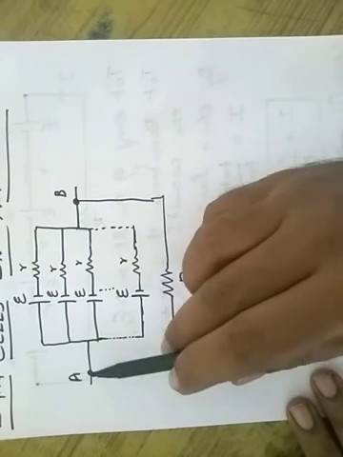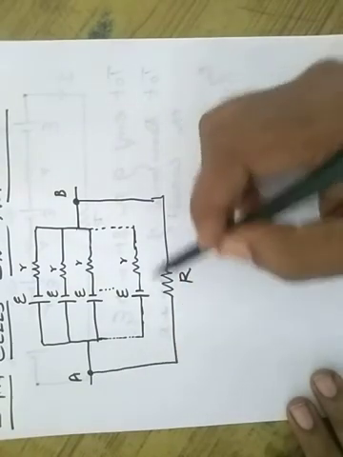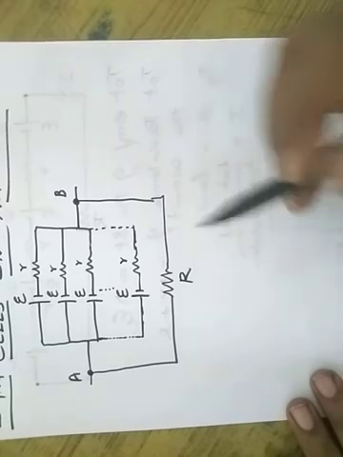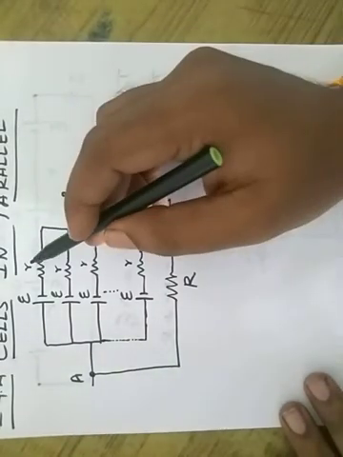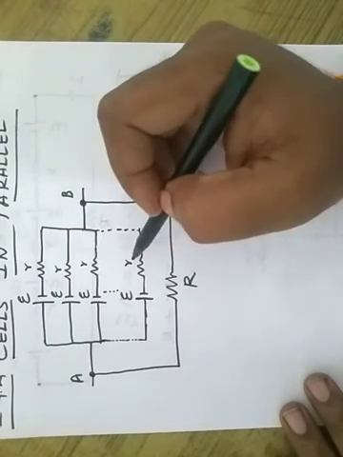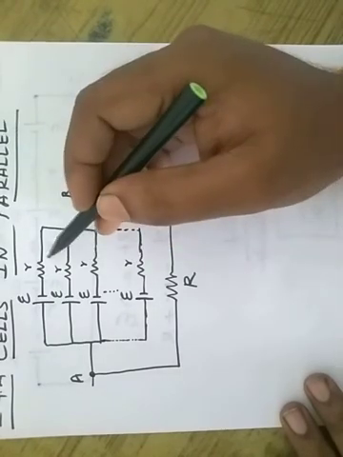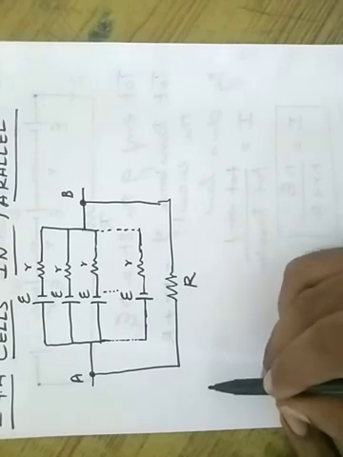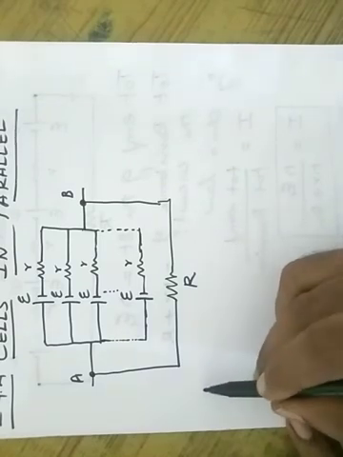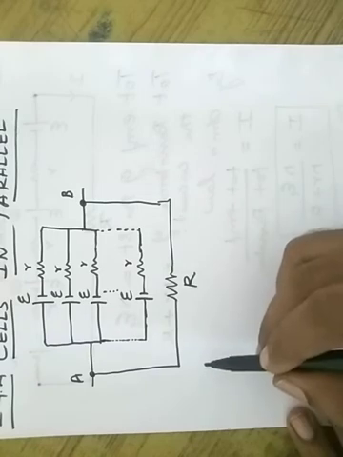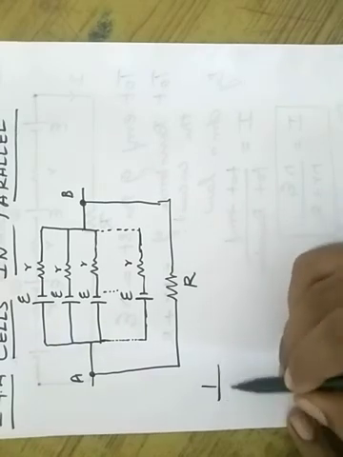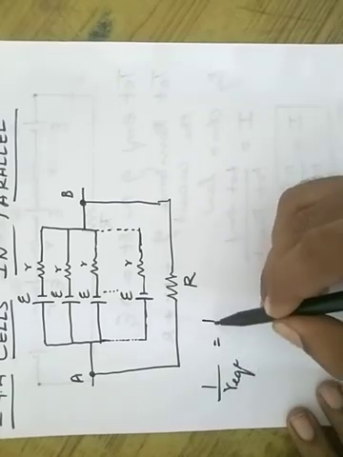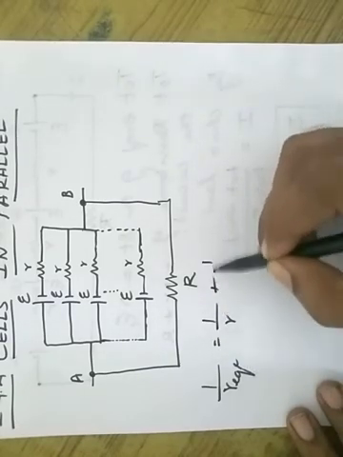The battery terminals are connected across a resistor of resistance R. Here the internal resistances are connected in parallel, so the equivalent resistance can be calculated as follows. We know very well, if resistances are connected in parallel, the reciprocal of the equivalent resistance is equal to the sum of the reciprocals of the individual resistances.